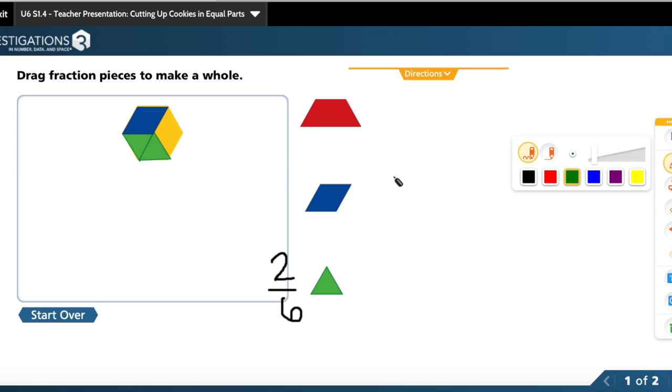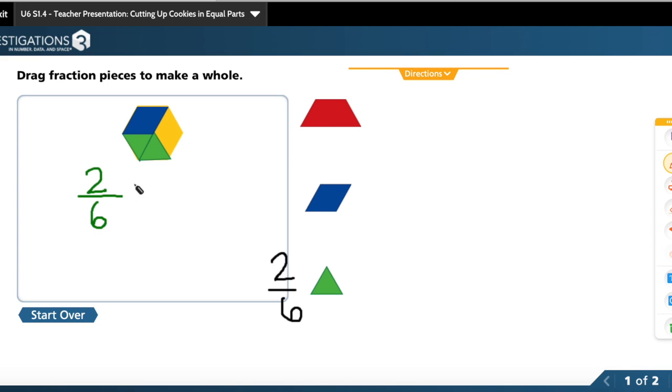So what I see here is that 2 triangles that need 6 parts to make up my whole, so 2/6 is equal to 1. And how many did it take for my rhombus to make that whole? 3, so 2/6 is equal to 1/3.